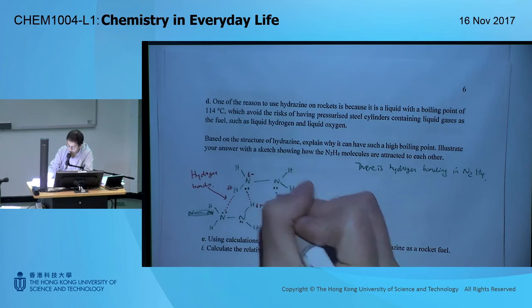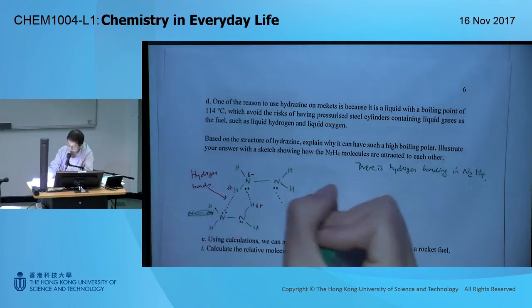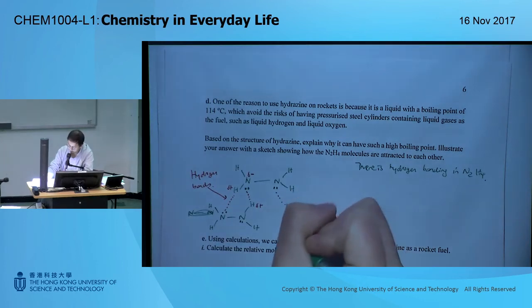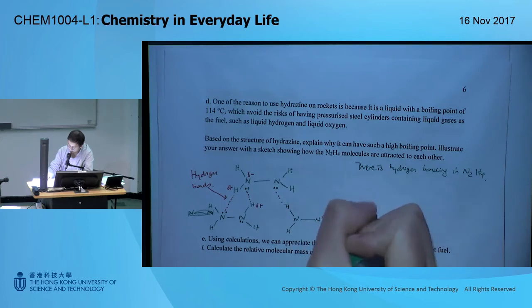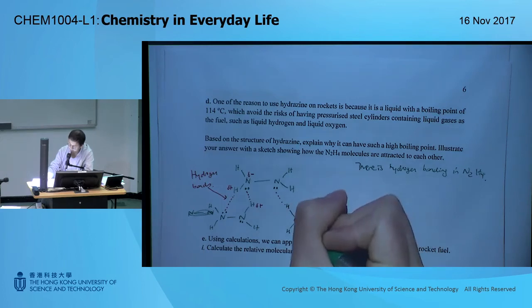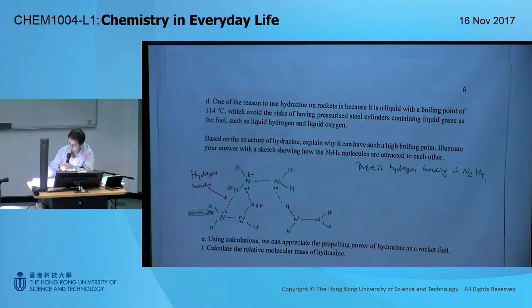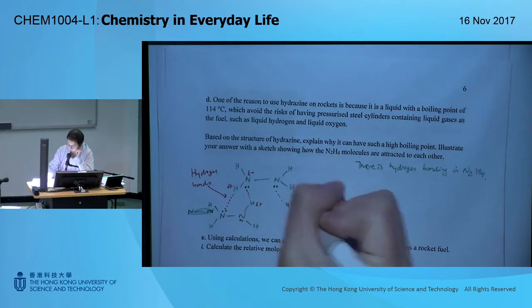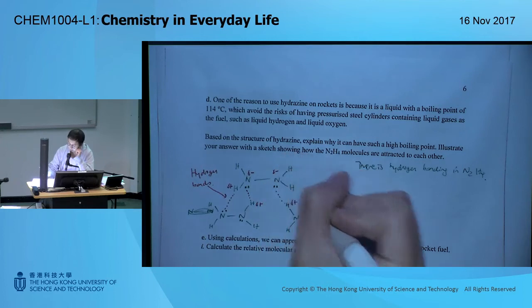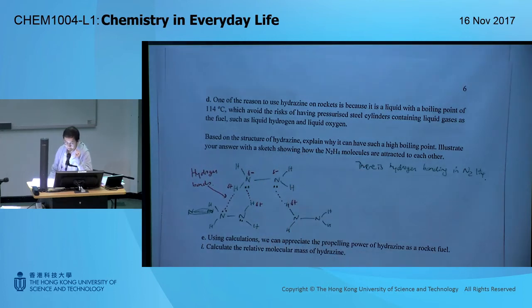If you want, you can draw another one there. There are lots of hydrogen bonds that can be formed between the hydrazine molecules.